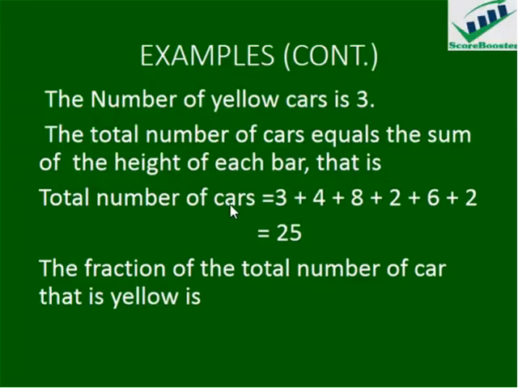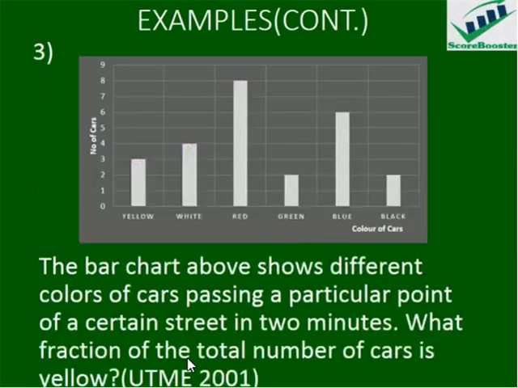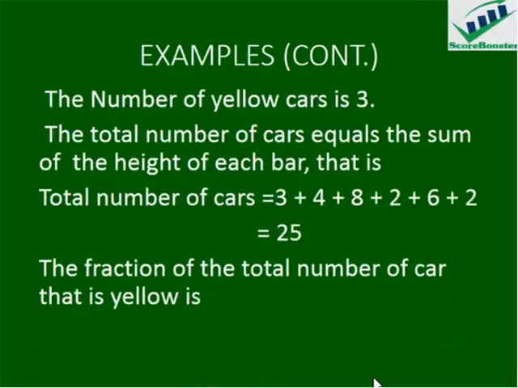So the total number of cars will be 3 for yellow, plus 4 for white, plus 8 for red, plus 2 for green, plus 6 for blue, and plus 2 for black. And that is what we have here. If this is evaluated, we have 25 cars altogether. So 25 cars passed that particular point in 2 minutes.